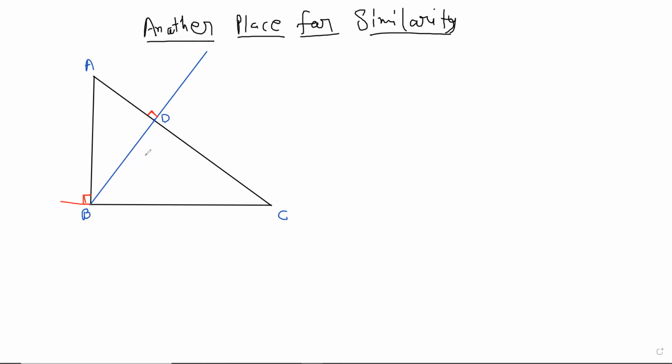We have two other right angle triangles in the picture. What are they? ABD. Right, yeah. And what's the third one? Yes, exactly. You can say DBC, BDC, anything. That's right, DBC.